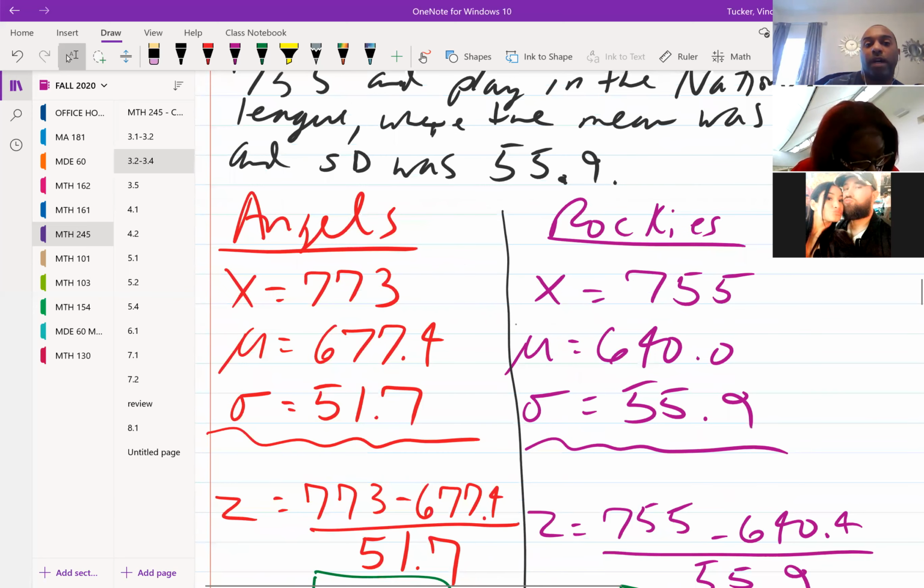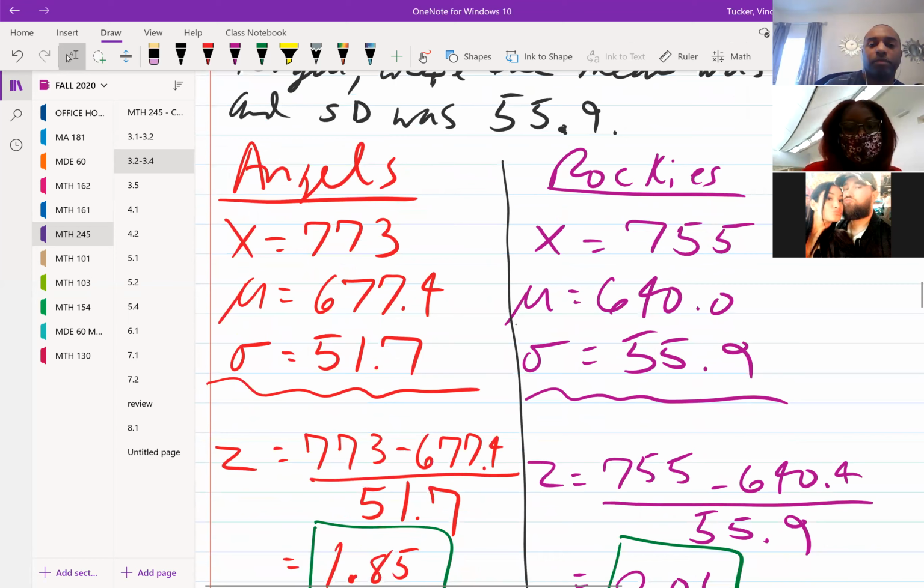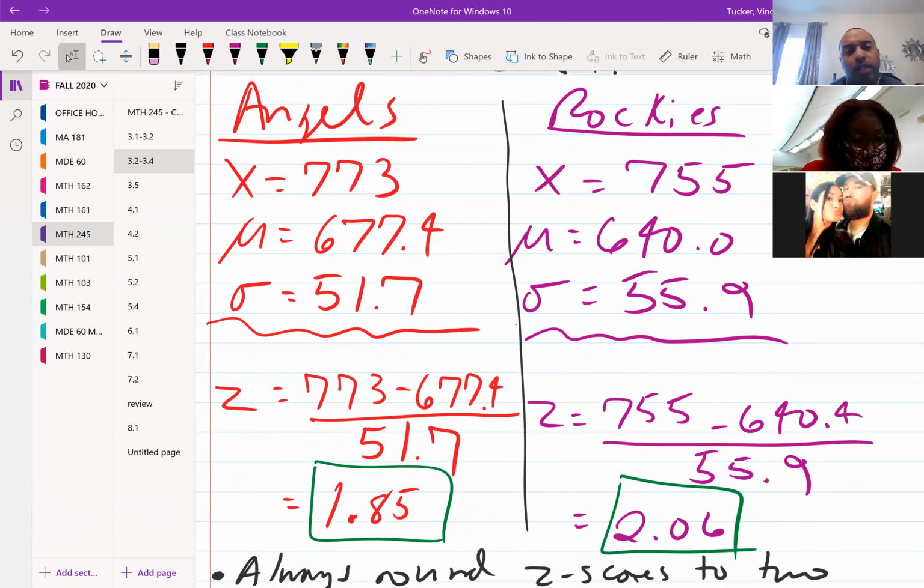So to find your z-score for the Angels, we'll do 773 minus 677.4 divided by 51.7, and that'll give us 1.85 as our z-score.